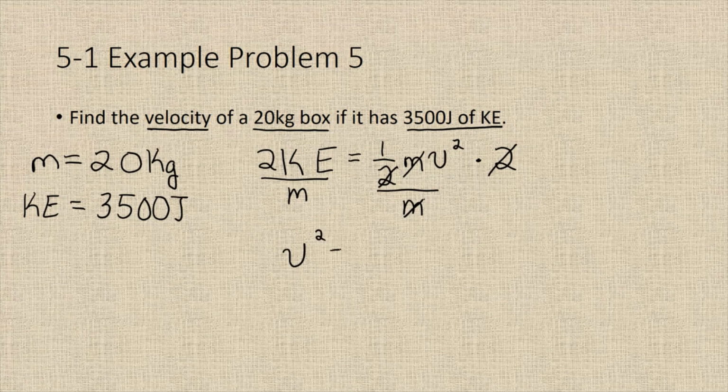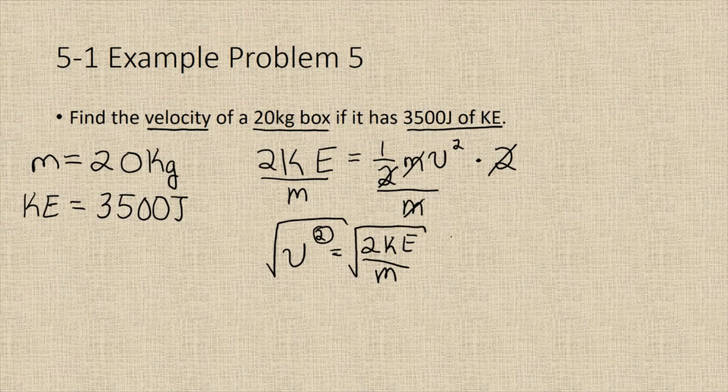This leaves us with velocity squared equals twice the kinetic energy divided by the mass. And now to get rid of that square, we have to take the square root of both sides. So our equation becomes velocity equals the square root of twice the kinetic energy divided by the mass.